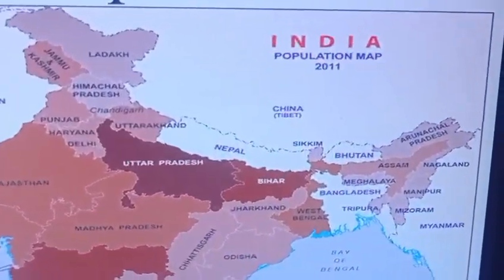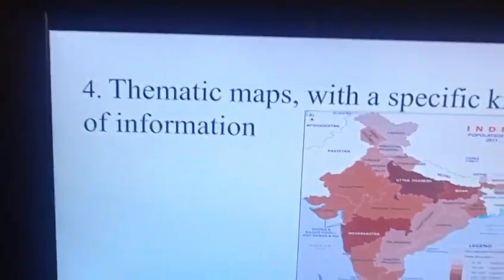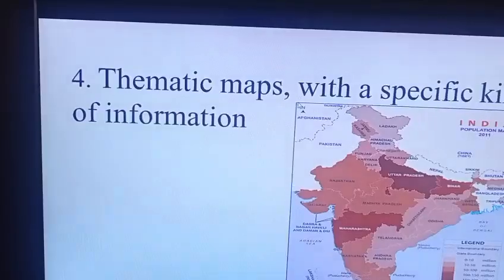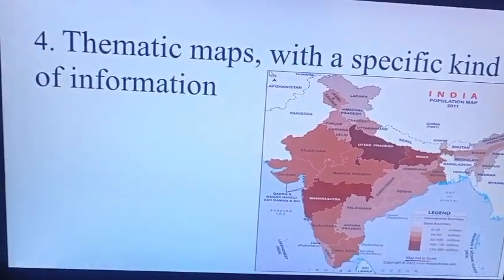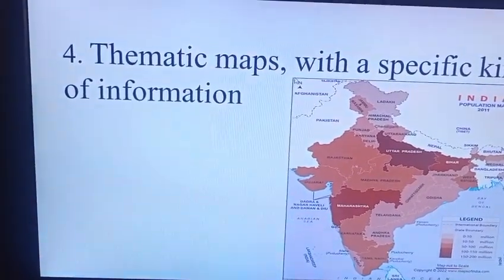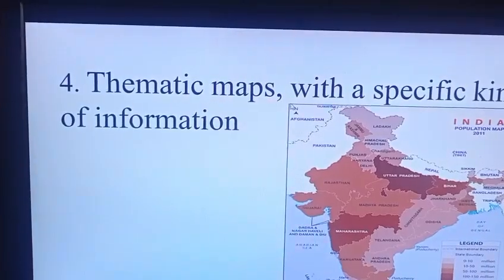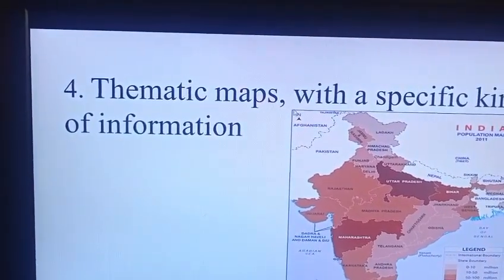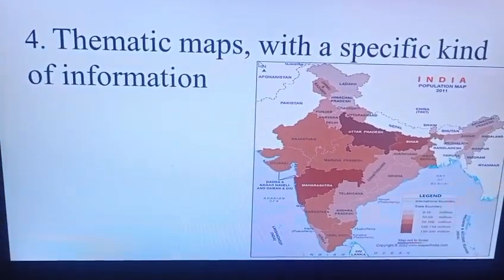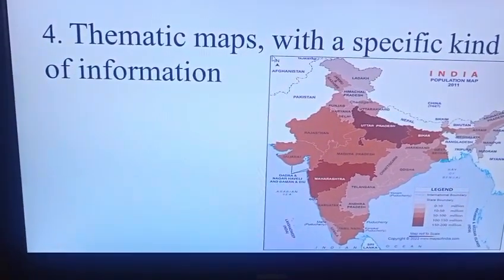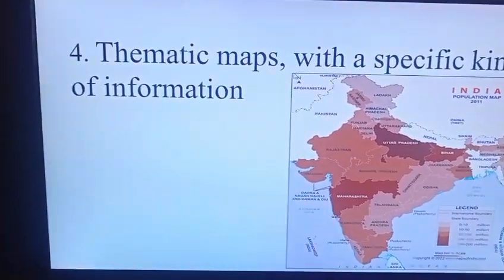Can you see? This is the population map. Not only population, the density of population, number of population, amount of rainfall, amount of temperature, everything we can consider as a theme. So by those maps, we can represent the different themes on our country's map or world map or different kinds of maps. Those maps will be considered thematic maps.